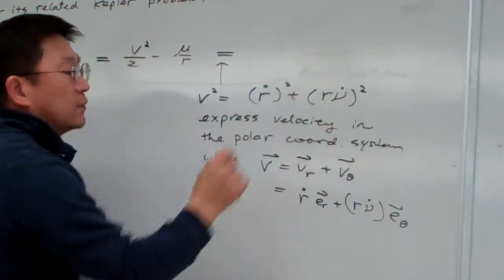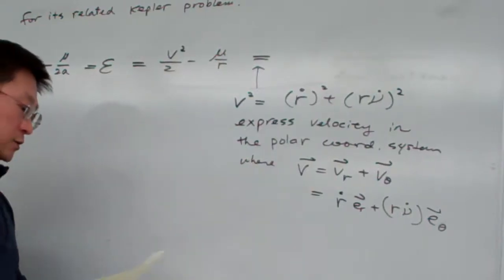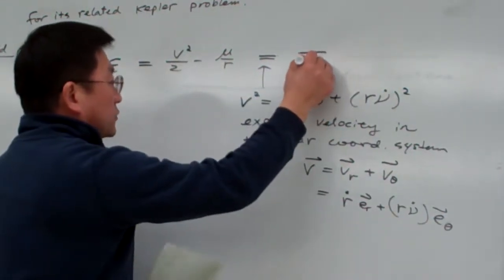Nu dot means the time derivative of the true anomaly. So we plug in here, and that's very straightforward.